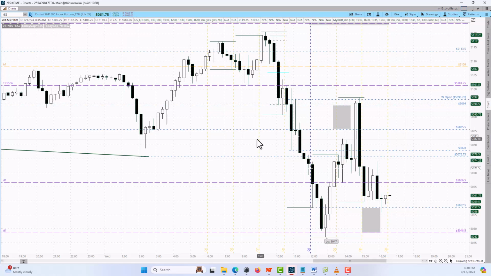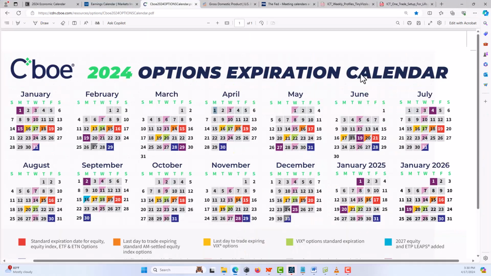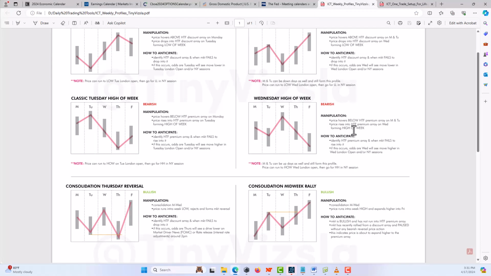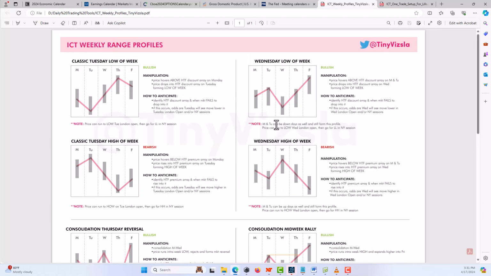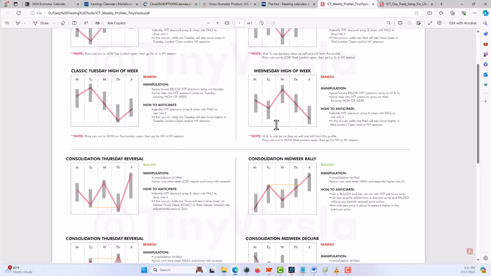Before we go in today, we don't have any bias. Well, we look at the ICT profile. Basically for this week, maybe Wednesday is the week low, but Tuesday is also the low.